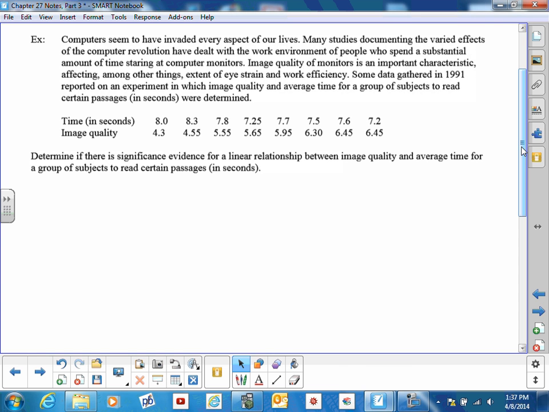Some data gathered in the historic age of 1991, so this is definitely an old situation. Back then, we were still, us in junior and high school, in big-time pixels. I mean, big old pixels, bigger than what you see on Minecraft. I was big-time lucky. When I went to college, I had a word processor that was about the size of this backpack. I'm not kidding.